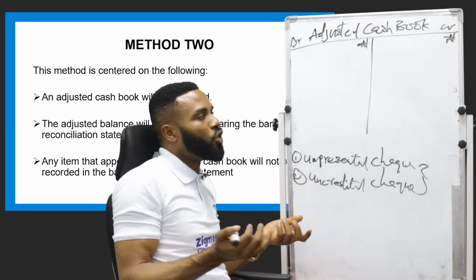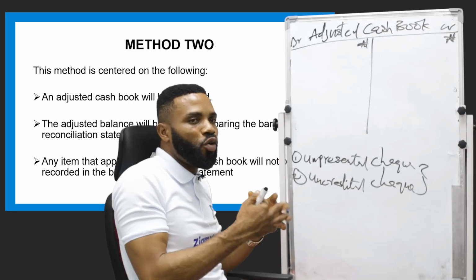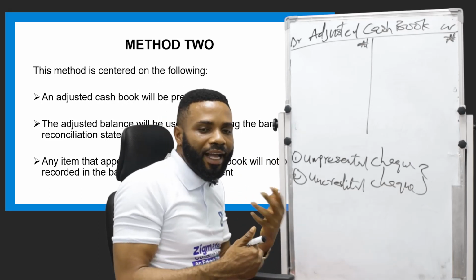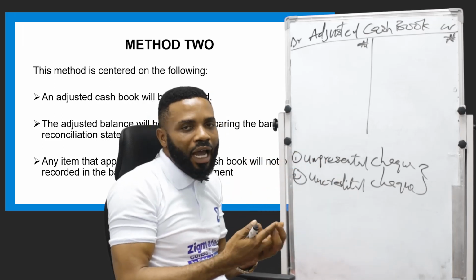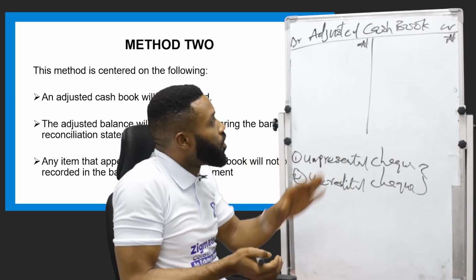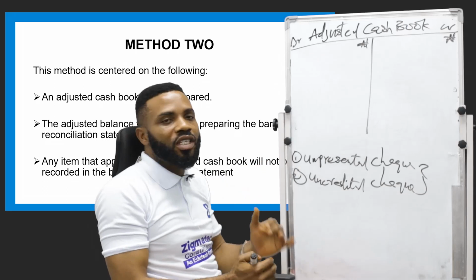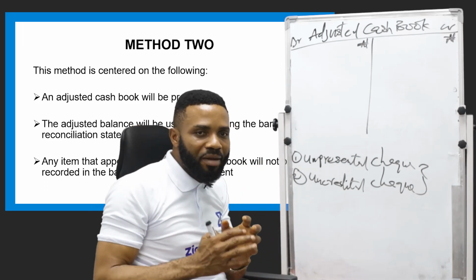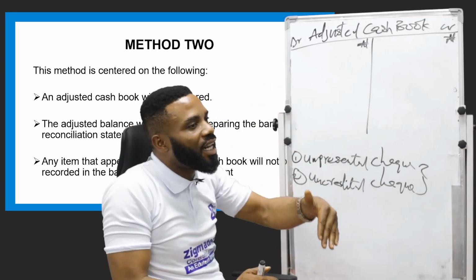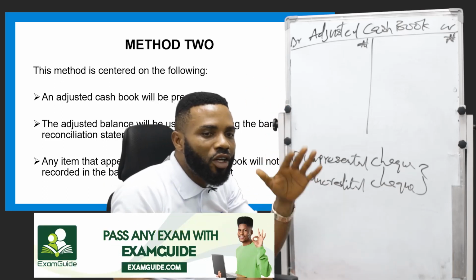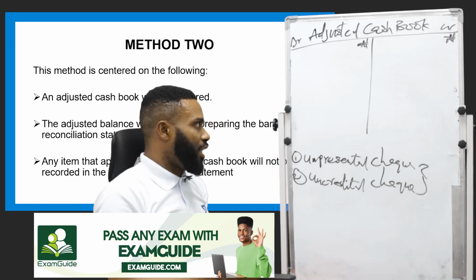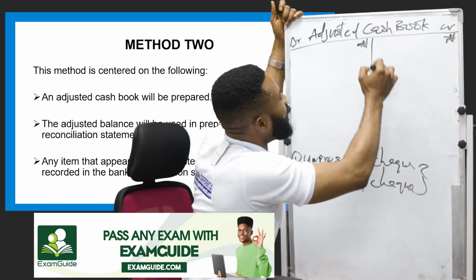Normally, in the cash book, whatever goes out of your hand, either cash or check, will be credited, and whatever enters your hand, either check or cash, will be debited. So since we are starting with deductions made by the bank, everything that has gone out of the bank that did not go out of the cash book will be credited.